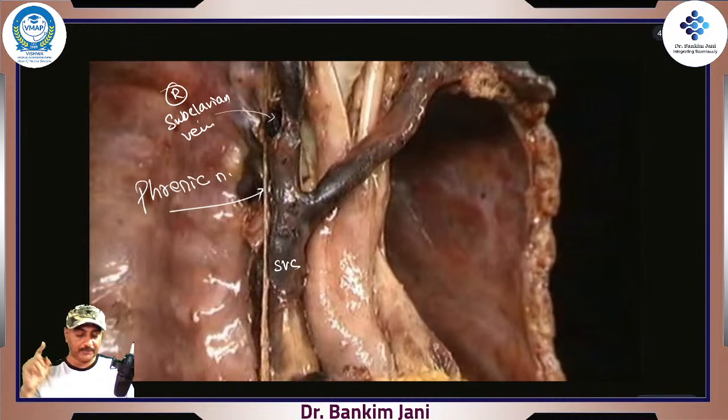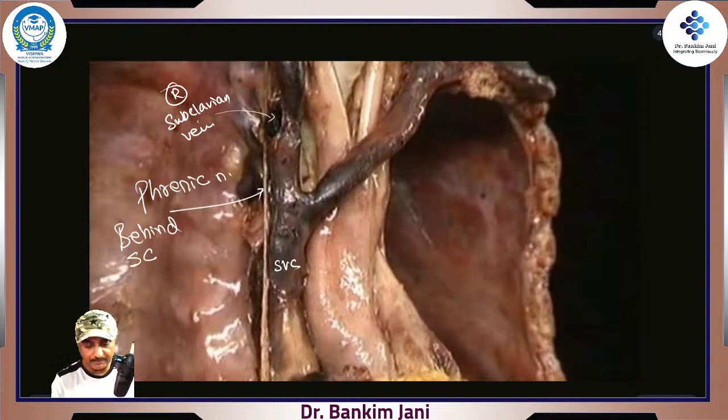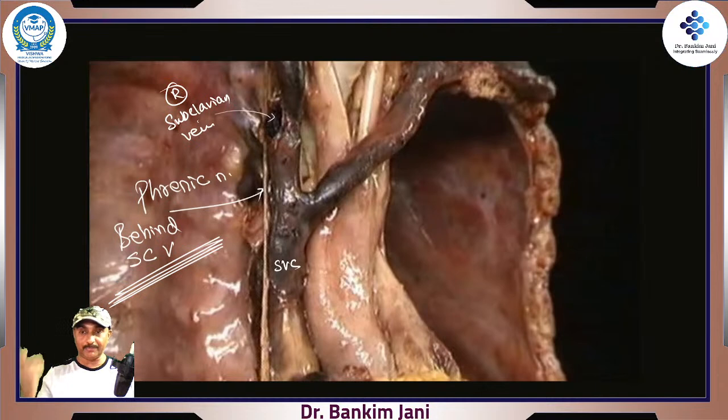Just to remind you, this phrenic nerve is going to the diaphragm. And do remember this point, behind the subclavian vein. All these small points are good to remember, because when you will be watching a CT scan or some of the clinical conditions, these points will play a great role.